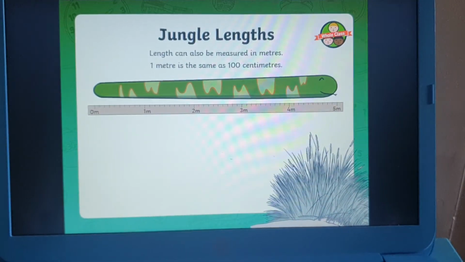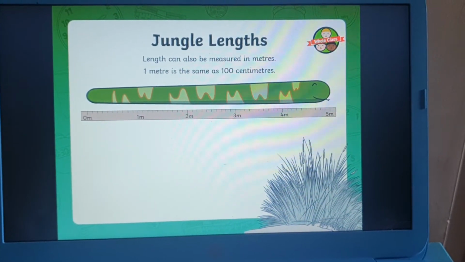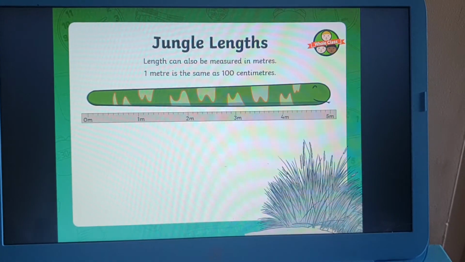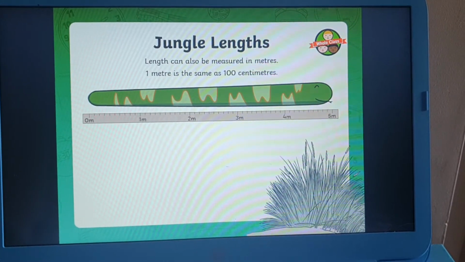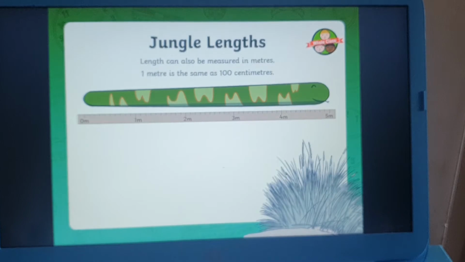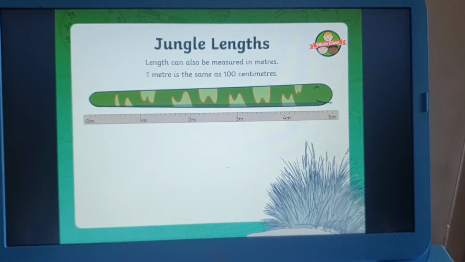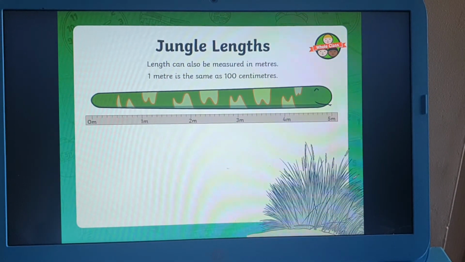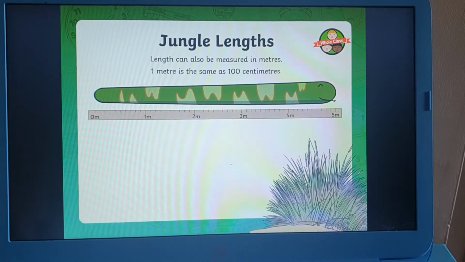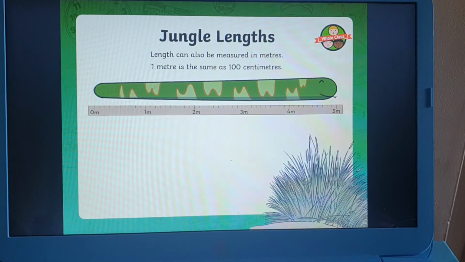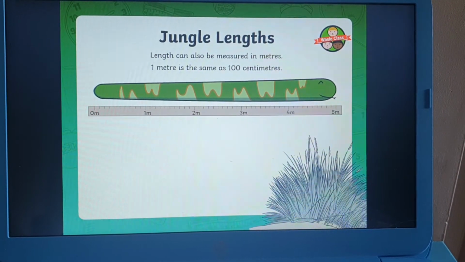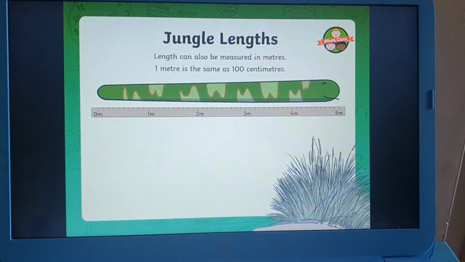Okay, having a look at this. So length can also be measured in metres. 1 metre is the same as 100 centimetres. How long is that snake? Okay, that snake is 5 metres long.